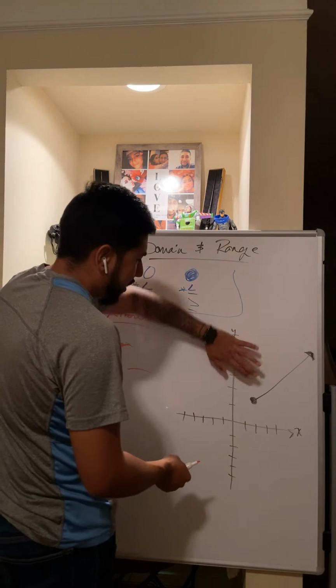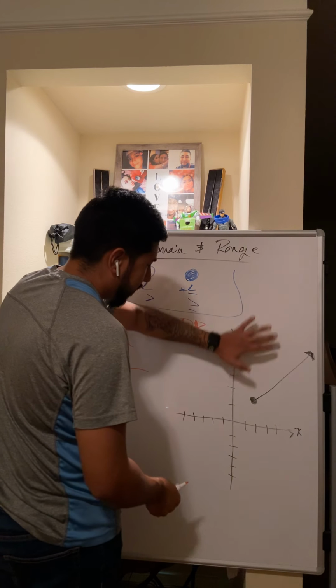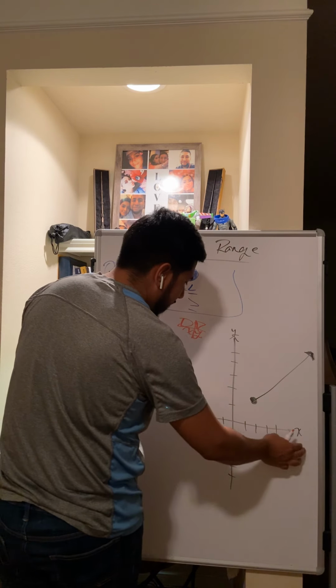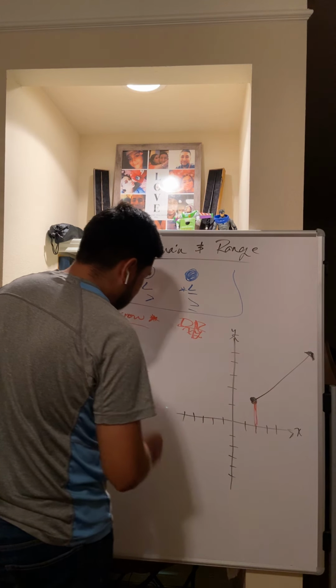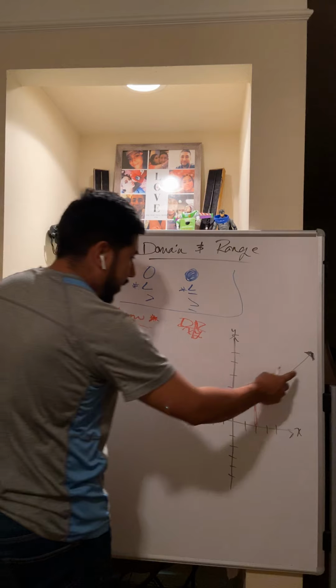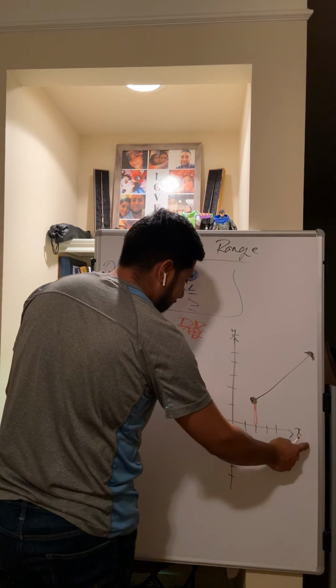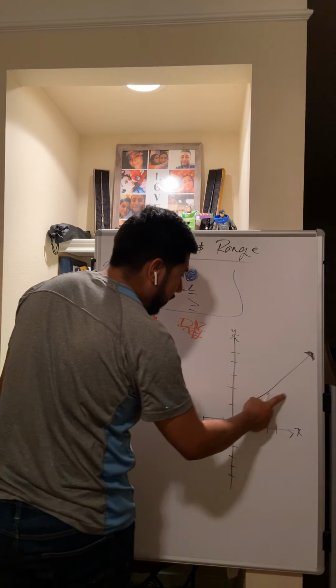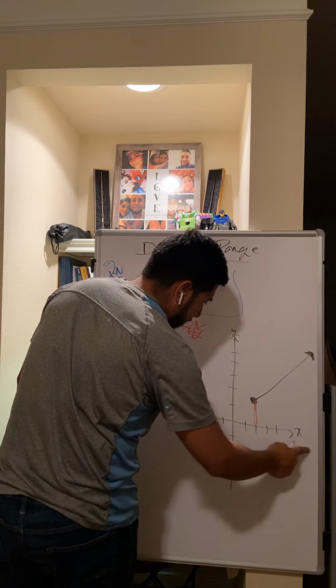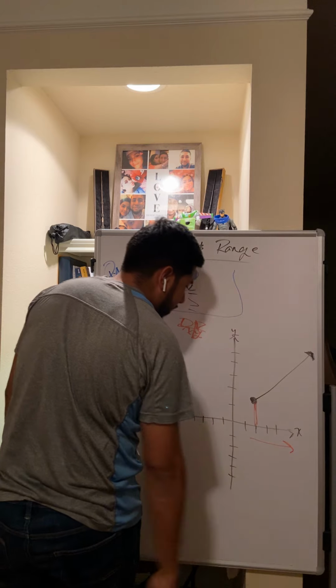If I already erase this Y, and I'm looking just at the x-axis, first let's do the number. So that's 2. Where is the arrow going? Is it going towards the positives or the negatives? Hopefully you can see that this arrow is going in this direction.